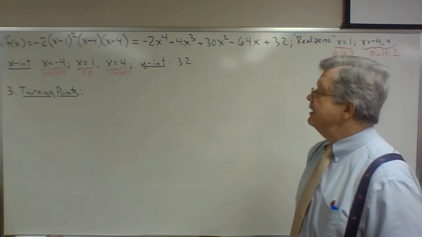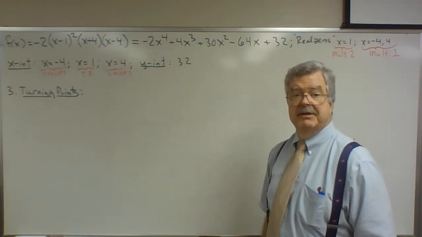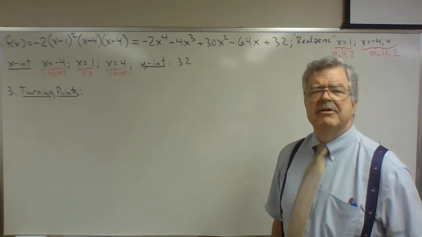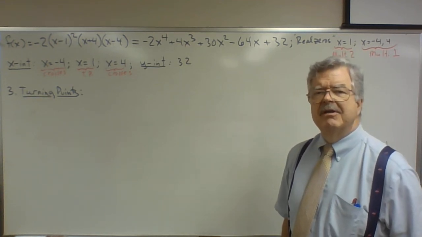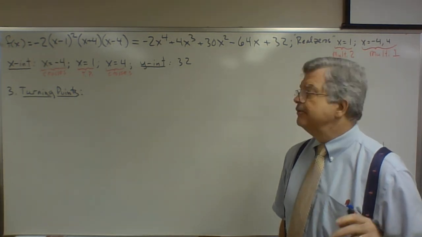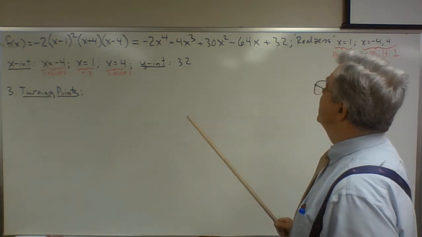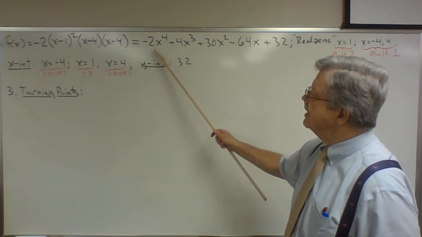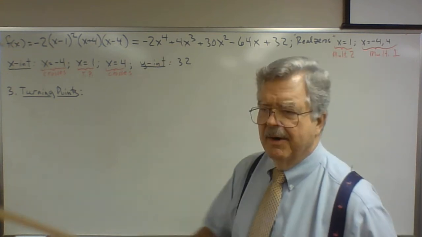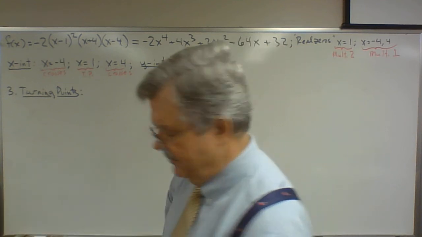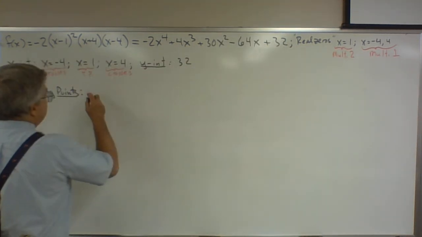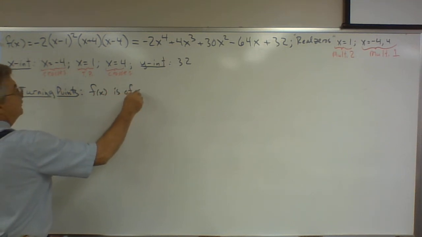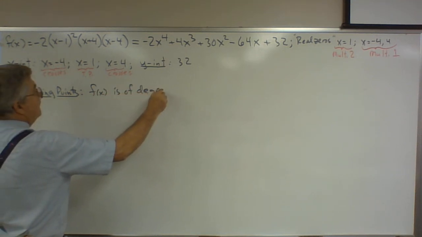Next on our agenda, turning points. And we want to know the maximum number of turning points and the possible numbers that we could have. Notice that f of x is of degree 4. That's important. F of x is of degree 4.